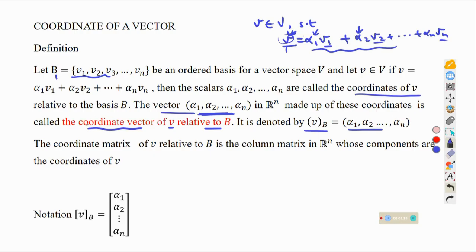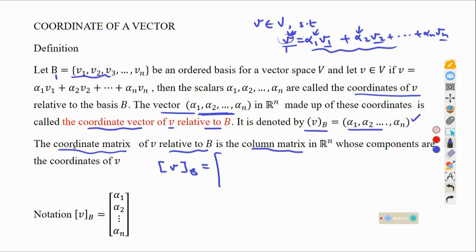In case you need the coordinate matrix, this is one way of representing it, that is when you are using commas. Then in case you need to write the coordinate matrix of v relative to B, we shall denote it using square brackets, and we shall use what we call a column matrix to represent the n-tuple of R to power n.